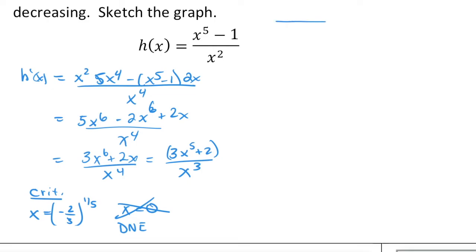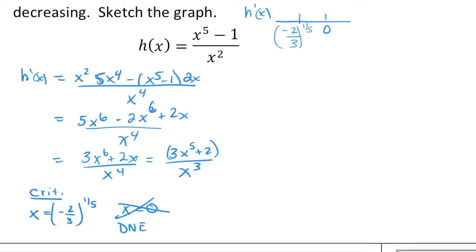When I make a sign chart to help understand what's happening with h of x and h prime of x, I'm going to include the 0 in my sign chart because sometimes the signs will change where the vertical asymptotes occur. So we write in (-2/3)^(1/5). Now let's do a sign analysis.